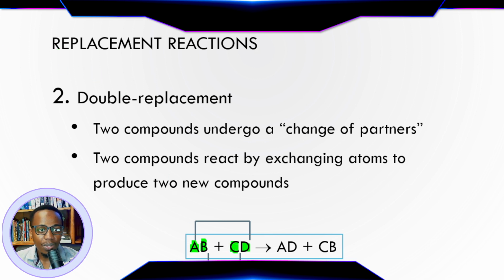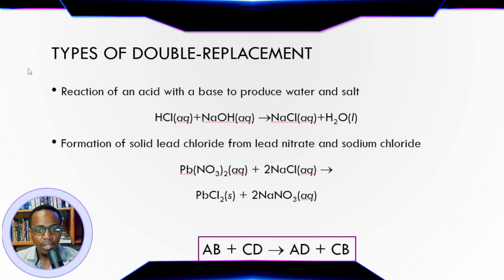And the general rule of thumb is that the middle ones combine together and then the outside ones combine together, right? So usually you have an ionic compound. Most of these are going to be an ionic compound, which is what we call a salt, right?